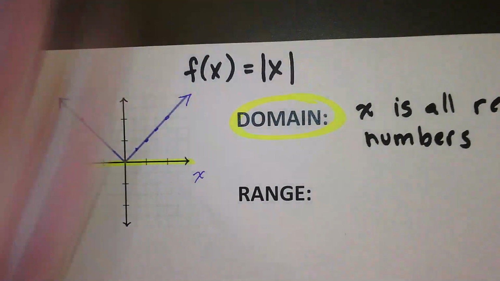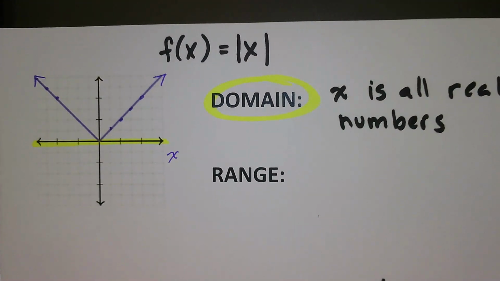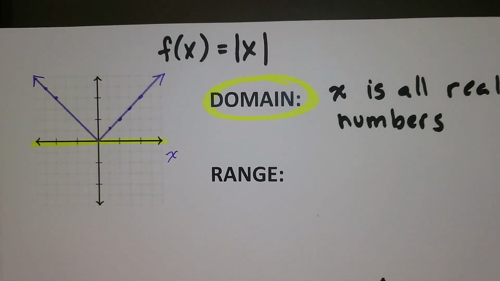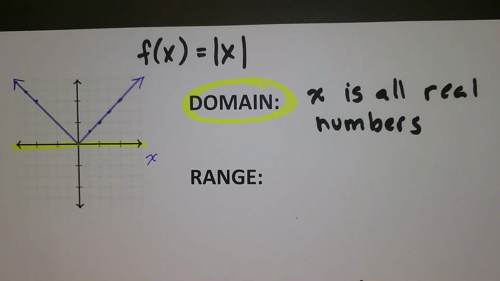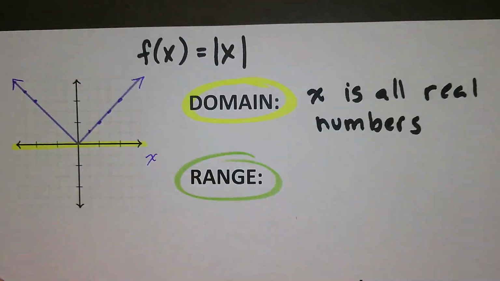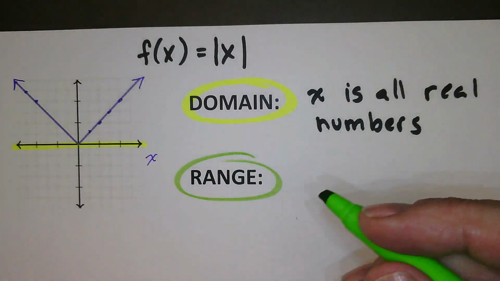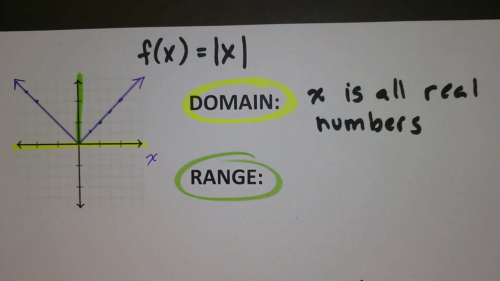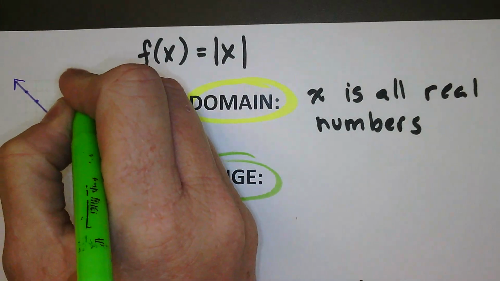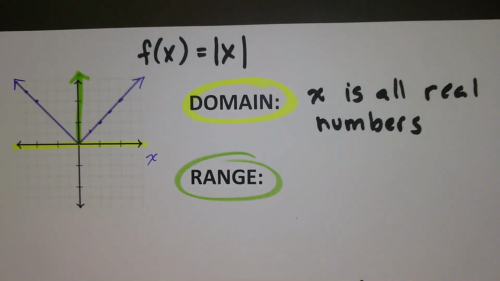We'll look at a couple more after this, but I want to finish with the parent function talking about the range. The range now is going to take a look at the outputs. So it's basically going to be your y values. We're going to look at this in terms of the y-axis. And this is really nice to see visually. It's a little bit harder to think of with the equation, but with the graph, we're looking at the y-axis and we want to know what's going to come out of this function.